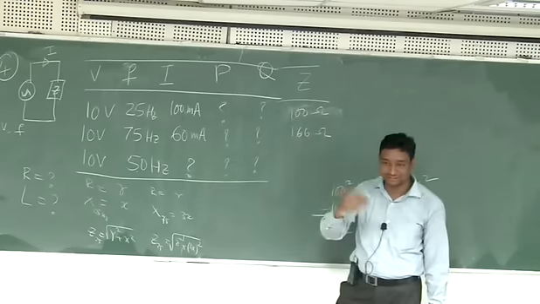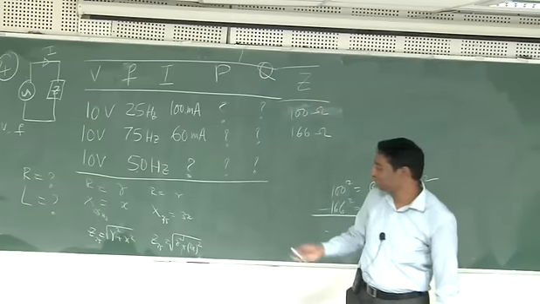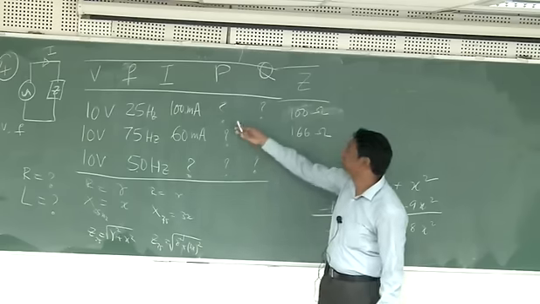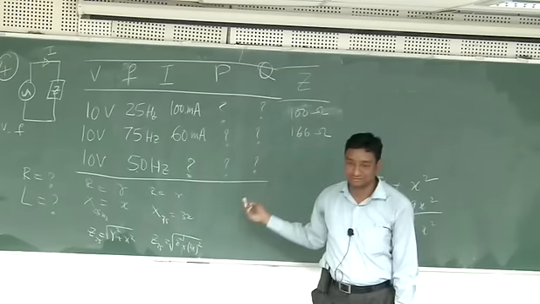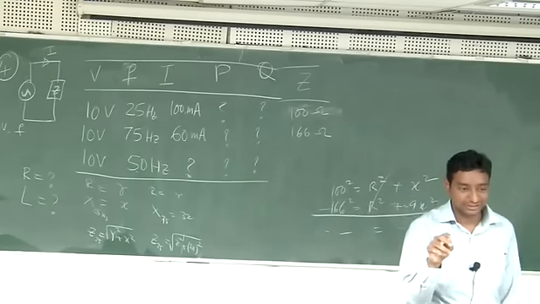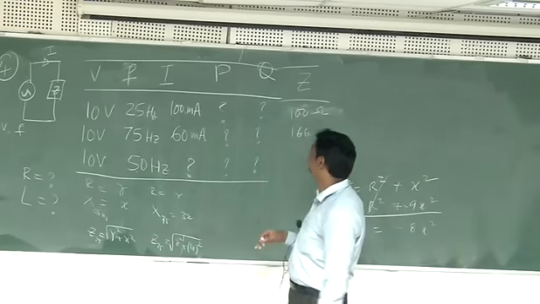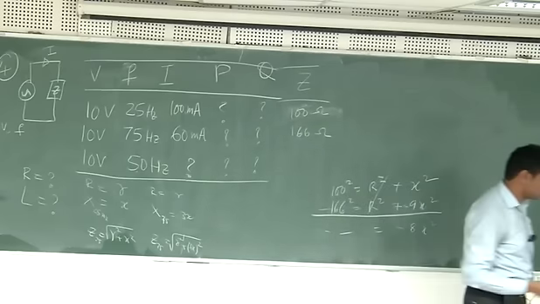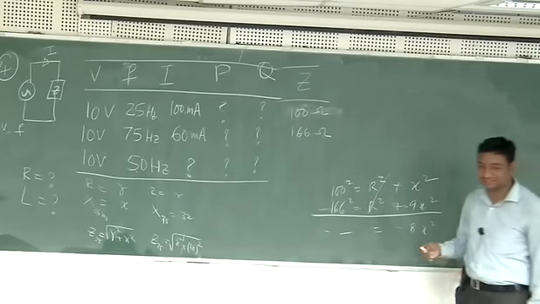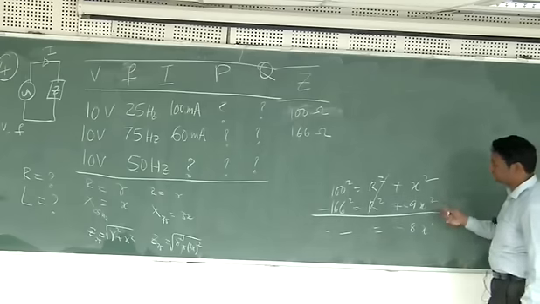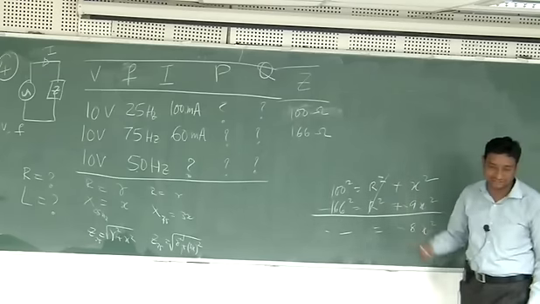Then with that r and x you can find the z. Then 10 by that z you will get the current here. And then to calculate p, q and all, multiply r, x and z with I, you will get vr, vx and vz and then p and q. Or I square r is p or something like that. And if you want to find r, you substitute the x in this and then find r and so on.